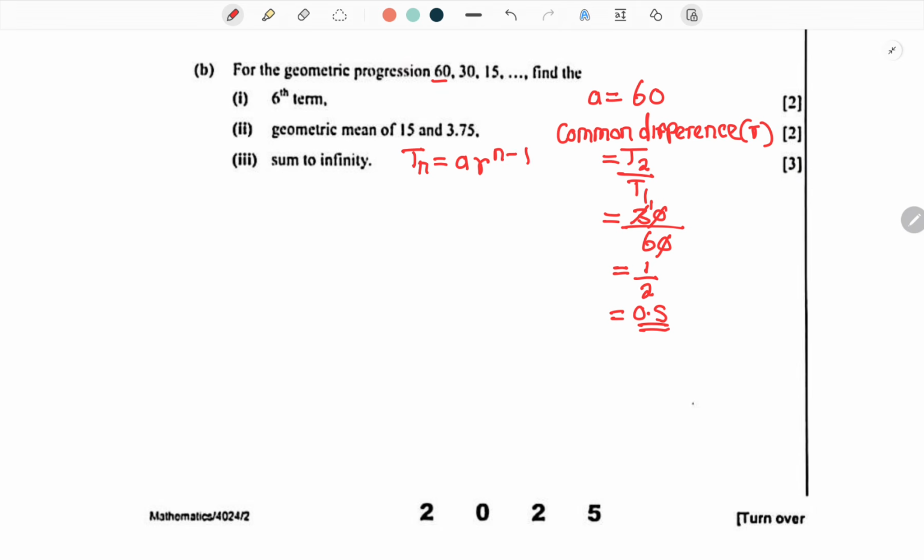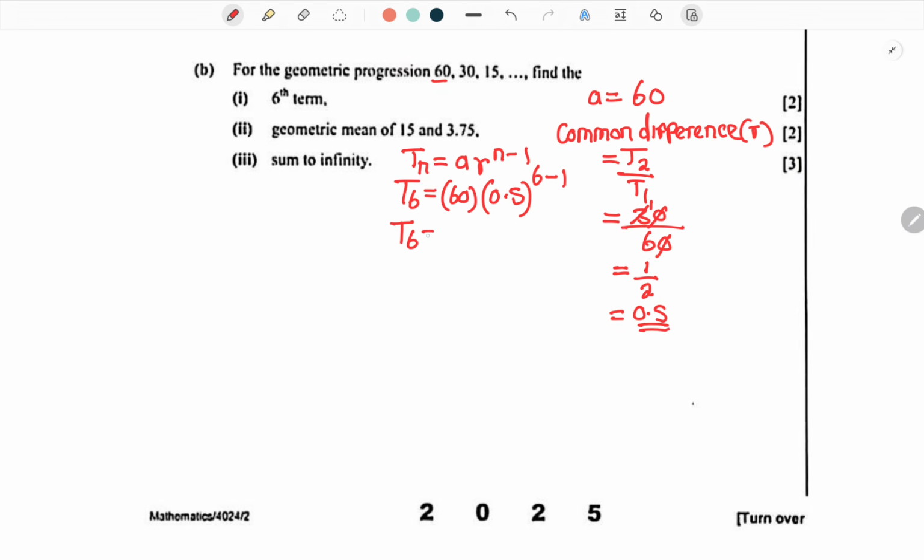This particular formula is going to give you any term that you want. Now, what we want is the 60th term, which is going to equal the first term, which is 60, then our common ratio was 0.5. Then this is going to be 60 minus 1.